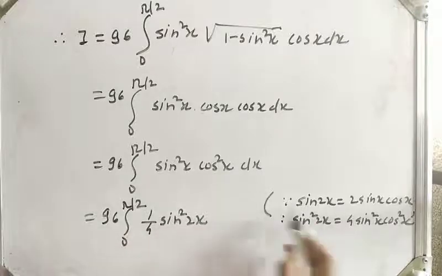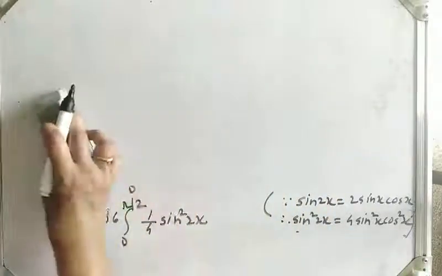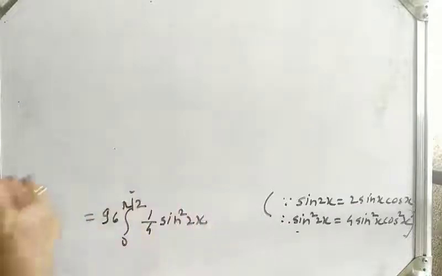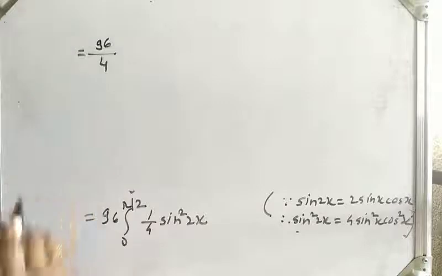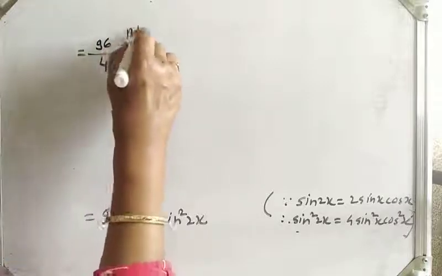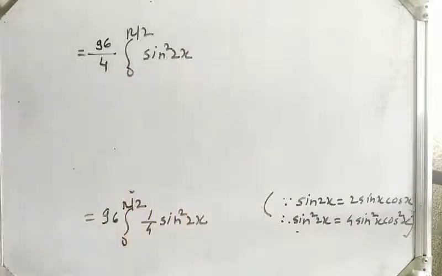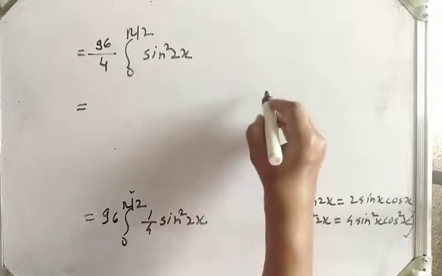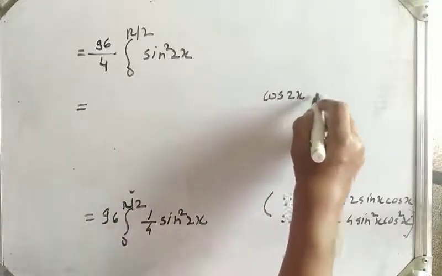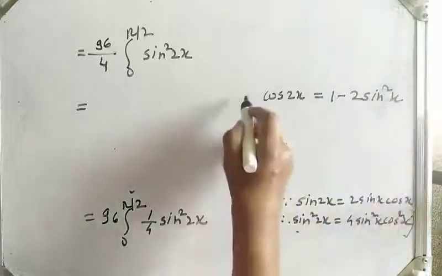You can take this 1 by 4 outside the bracket since this formula is there, which is equal to 96 by 4 integration 0 to pi by 2 sin square 2x. Again using a formula, which formula do we have? cos of 2x is equal to 1 minus 2 sin square x.